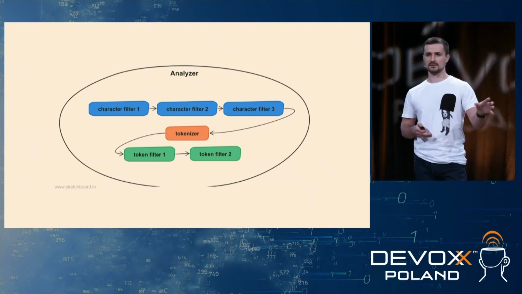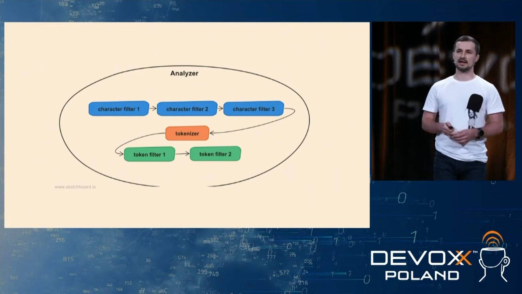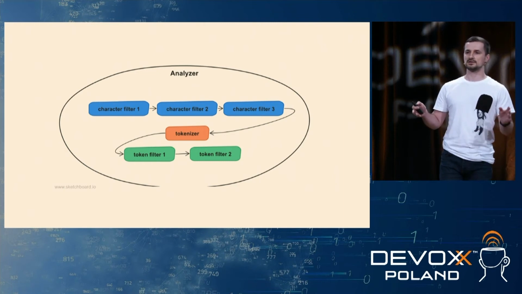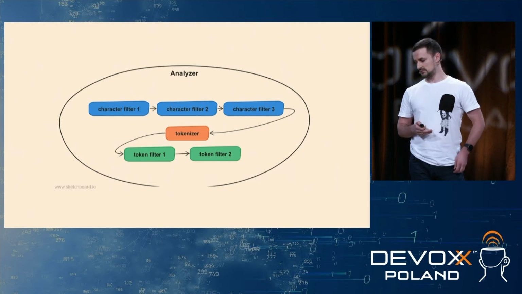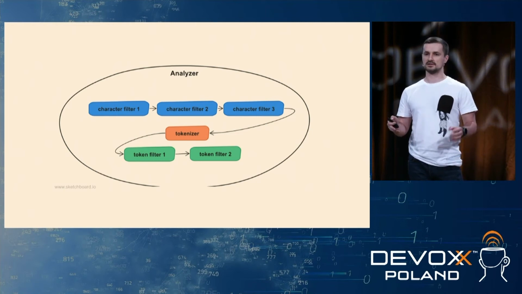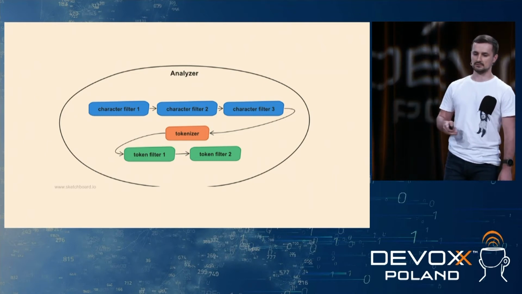So first, when the document comes in, it goes into the character filter. Right now, the document is just a long string. It's a long string, unprocessed. There's a lot of garbage in there. Probably we need to clear that out.